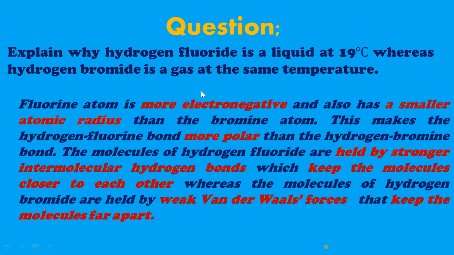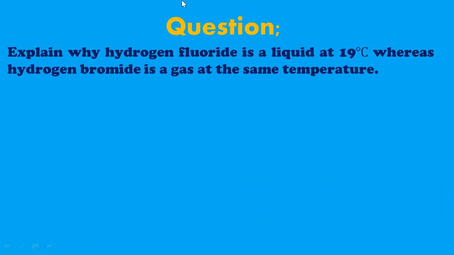Let's look at the answer and see. But before you look at the answer, I want to teach you how to approach these questions. The first thing you do is to look at the two. Both are hydrogen halides. The difference here is the fluoride and bromide. So the hydrogen is bonded to fluorine and the hydrogen is bonded to bromine. Both of these are covalent compounds. None of them is ionic.